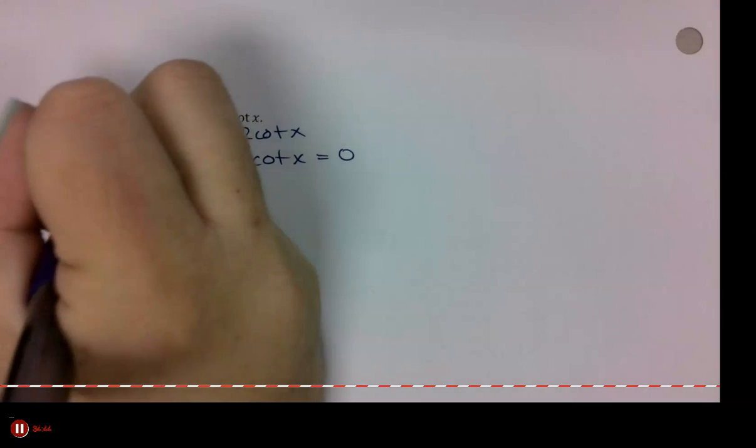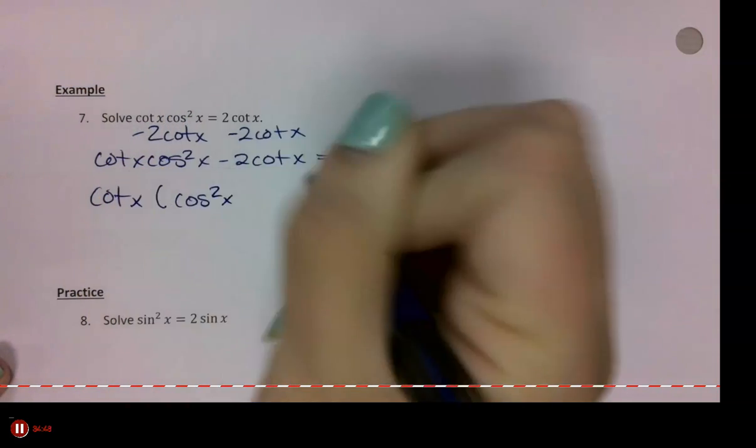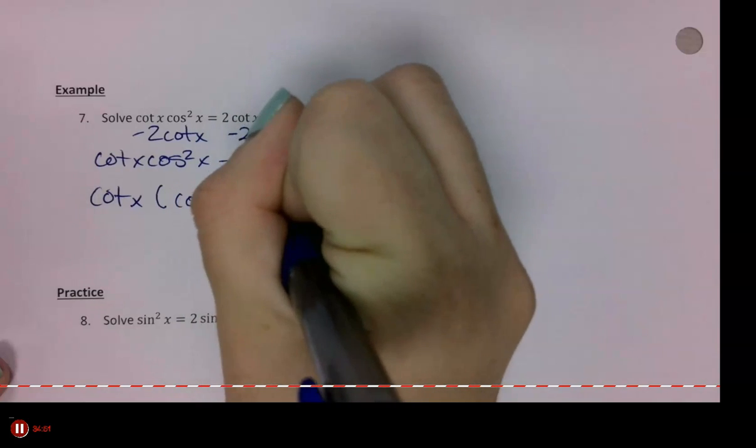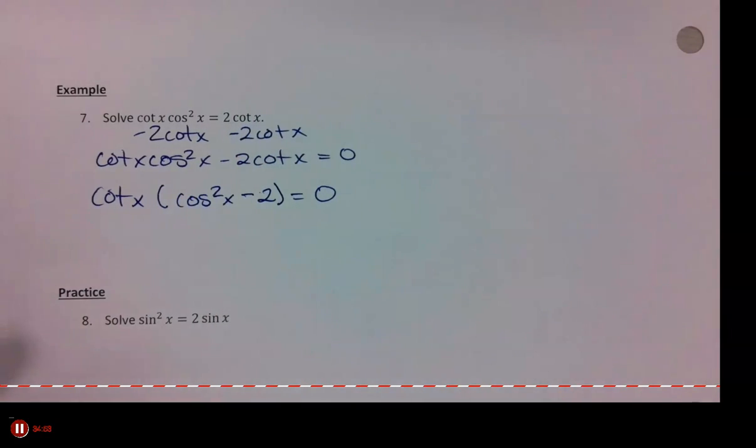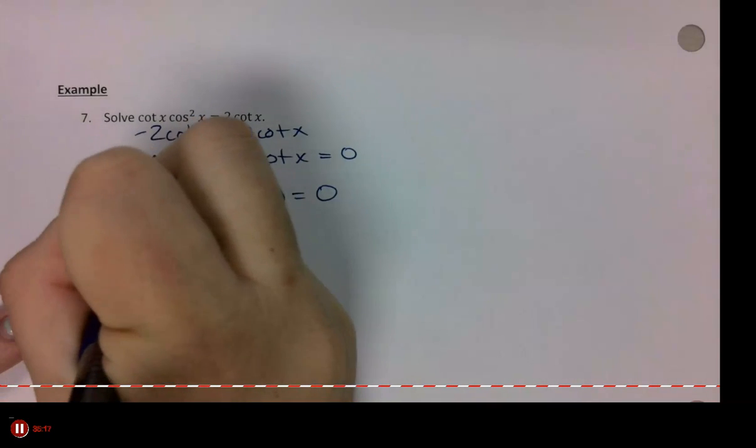So I can factor. I remember that. I can pull out a cotangent of each of those pieces. Okay, and then using the zero product property, I can split this up into two equations where they're both going to equal 0.